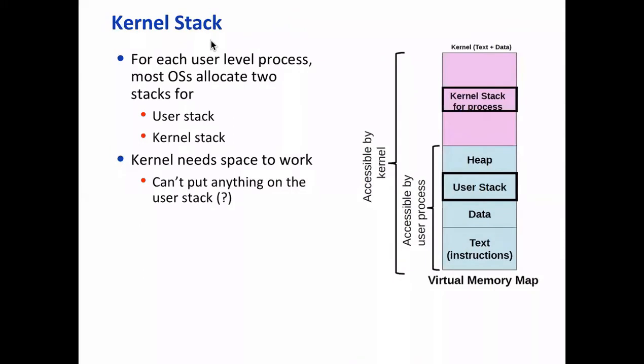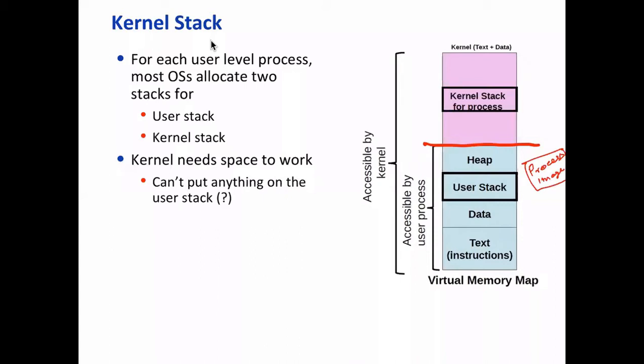For each user process, the kernel allocates two stacks. The first stack we are aware of. It is the one in the process image, or the process at runtime, wherever the data is stored in main memory.